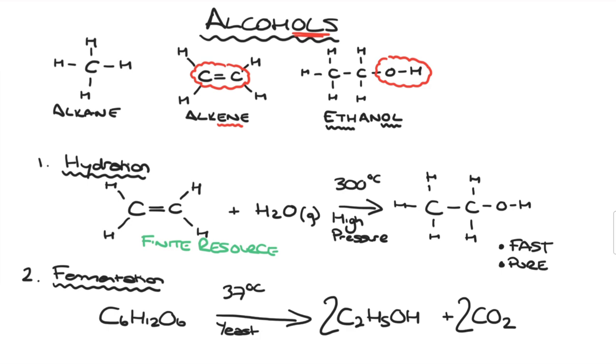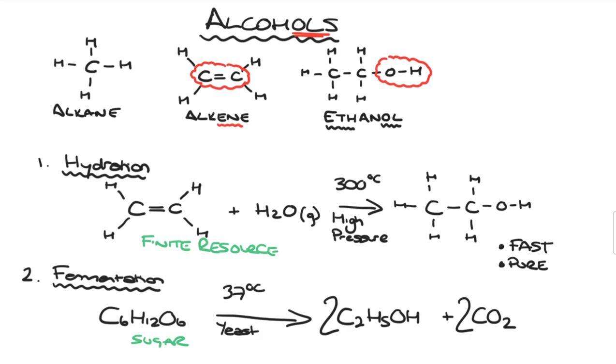So it's obtained from crude oil, which means it's a finite resource, which is not going to be good for the world at large. Whereas fermentation takes sugar, which can be replanted, and so is a good thing because it's relatively quick to grow as well. So those plants can be fairly quickly restocked.